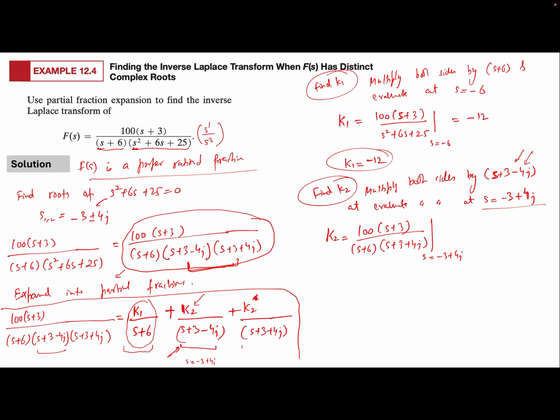So if you evaluate this at minus 3 plus 4j, on the numerator you're going to be left with 100 times (4j minus 3), and minus 3 will be cancelled out. On the denominator, if you solve this, you will be left with (3 plus 4j) times 8j.